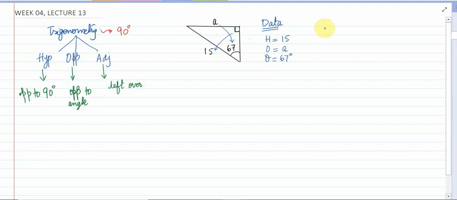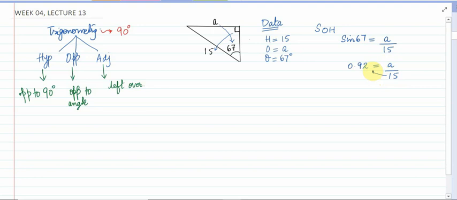So in which working formula do we have O and H? It's sine, right? So the working formula of sine is sine 67 is equals to, opposite is what? It's A divided by hypotenuse, which is 15, right? So now you need to cross multiply. The value of sine 67 is 0.92, is equals to A divided by 15.